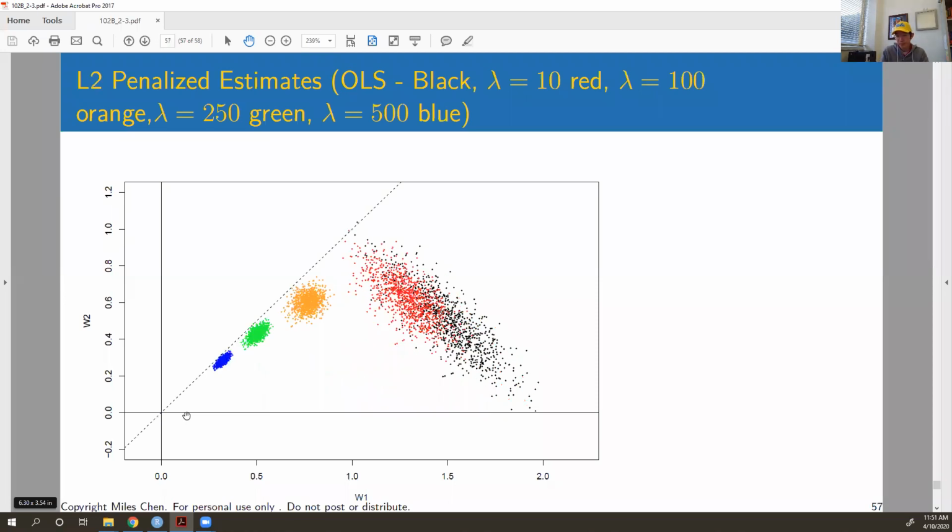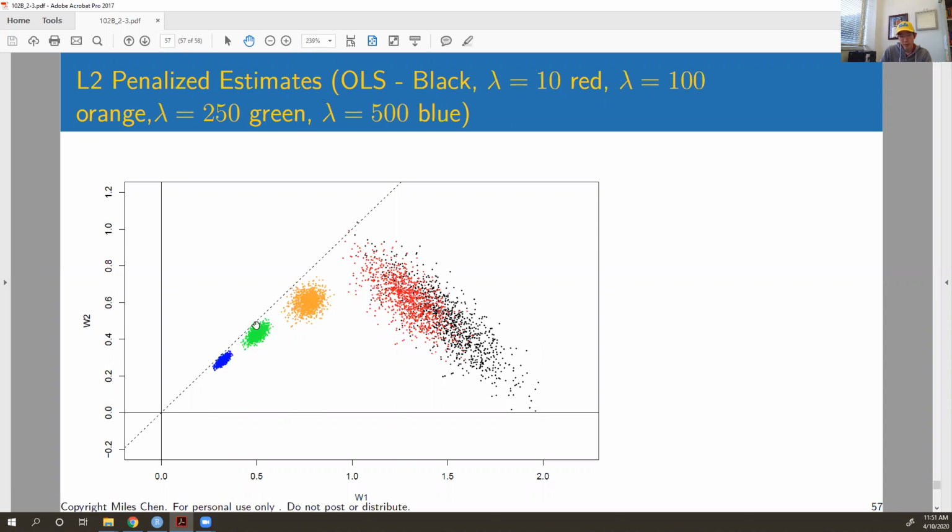On the other hand, this is what happens when you use ridge regression, the L2 penalties. The entire cloud of points actually shrinks. The black dots represent all of the different estimates you might get for W1 and W2 for the different noise that we have. And here it is when lambda equals 10.